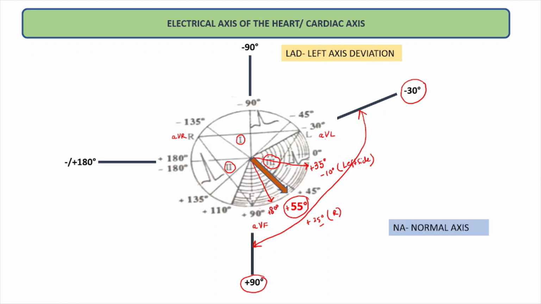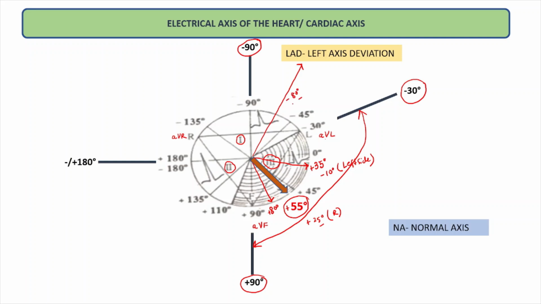Next, if the electrical axis of heart lies between minus 30 to minus 90 degree, then it is called left axis deviation. Suppose this is minus 80 degree.